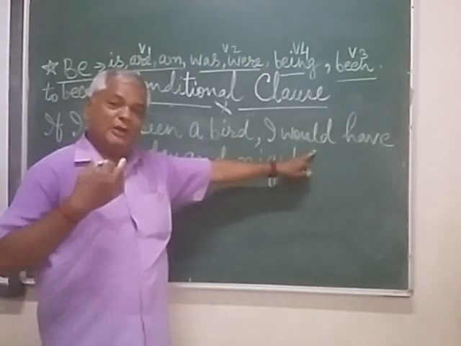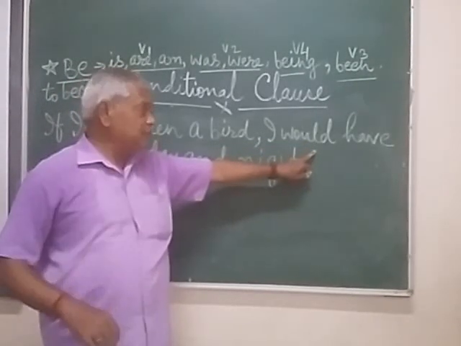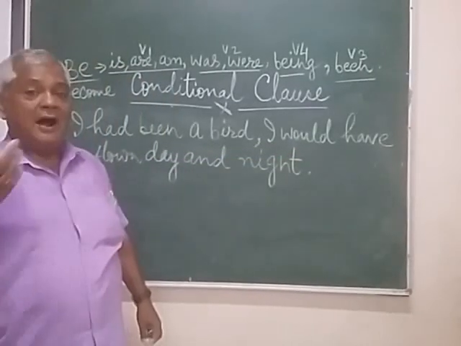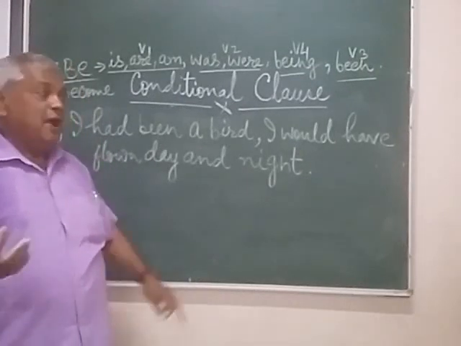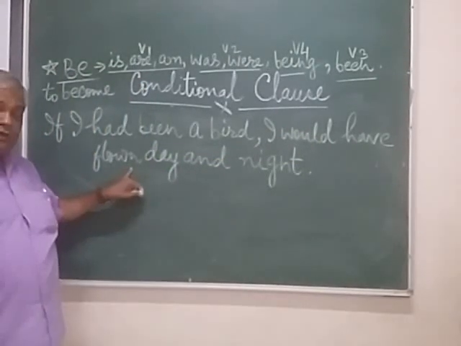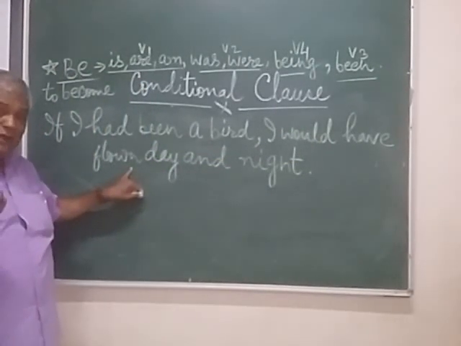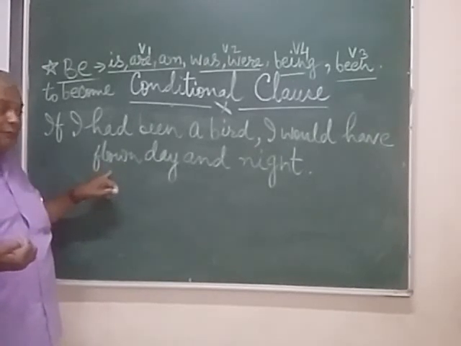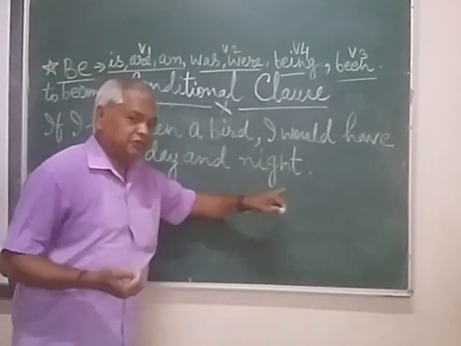Any of the models you may choose, would, could, might. So here I have chosen would. Then after writing the models, have. Then after V3, the word fly is the V1 and its V3 will be flown, F-L-O-W-N, flown, day and night.